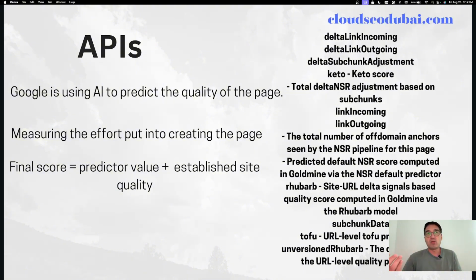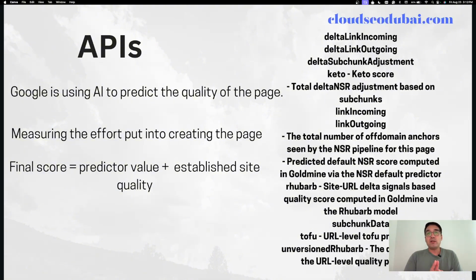So the final score, we don't know what the final score is, but based on the APIs, we know that the final score is probably, and probably is the operating term here, calculated based on the predictor value, which the AI kind of produces, and then the established site quality.